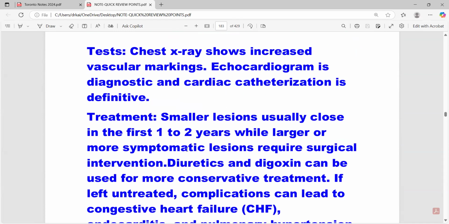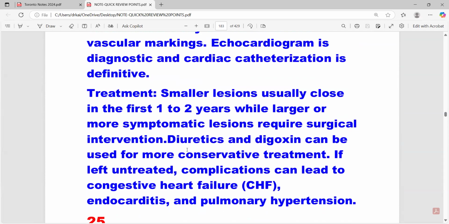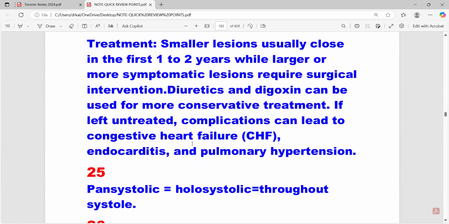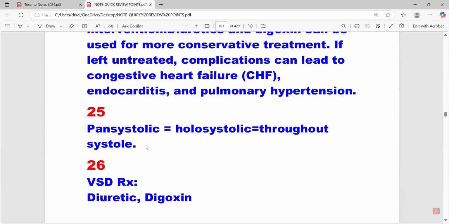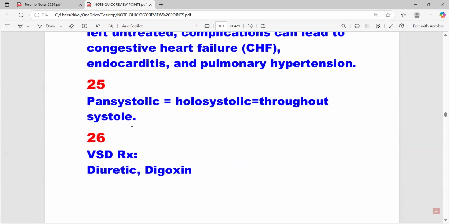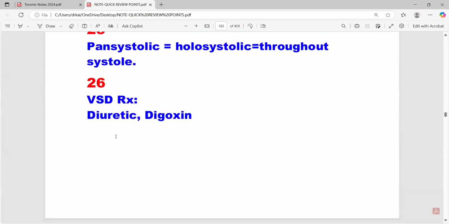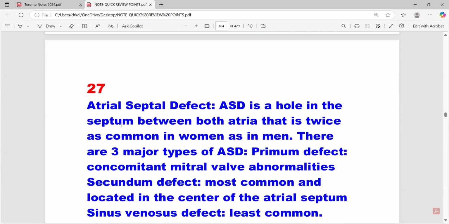Treatment for smaller lesions is preventing CHF and giving diuretics and digoxin. You don't have to go for the treatment, mainly just the diagnosis. Pansystolic, holosystolic equals throughout systole. For VSD, we give diuretic and digoxin.